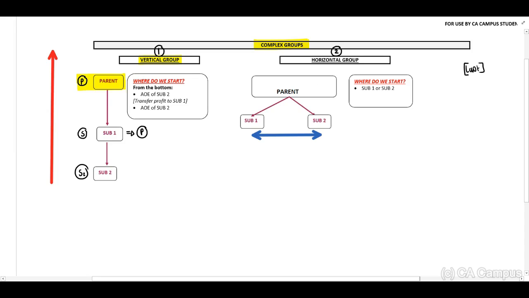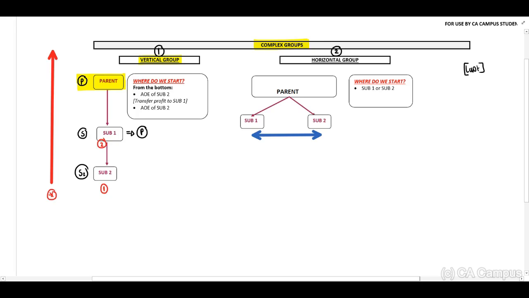Now, if you need to prepare financials or journals, where will you start? Guys, I've included this red arrow on your left-hand side. You need to start at the bottom. Therefore, first, you need to complete the analysis of owner's equity of subsidiary 2.